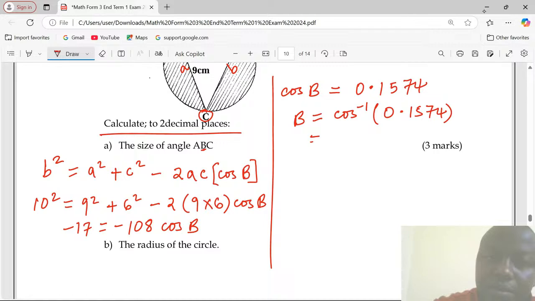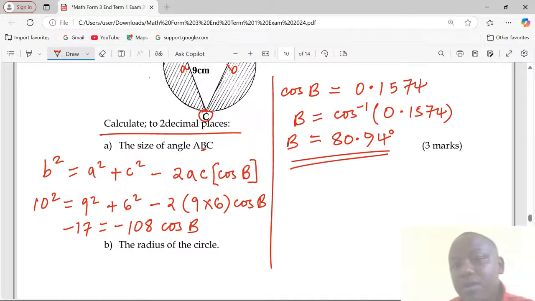So the angle at B is shift cosine of this value, and I'm getting 80.94 degrees. Remember, we've been told to 2 decimal places, so you're supposed to be extra careful to follow such instructions.